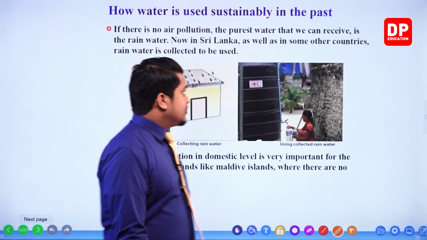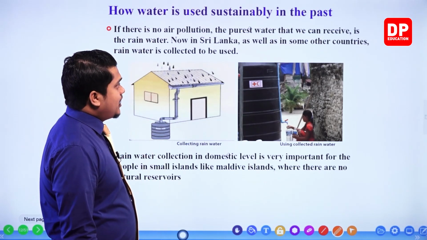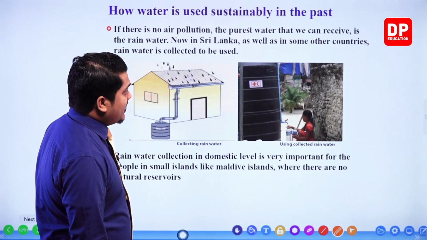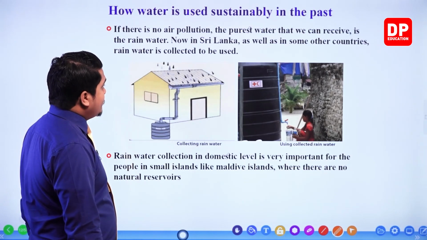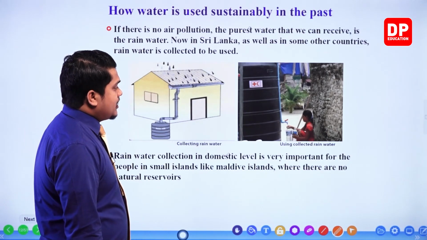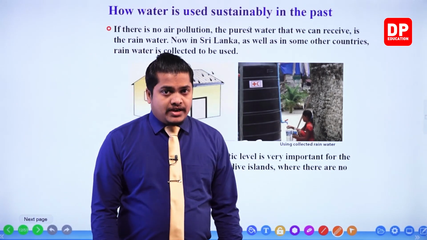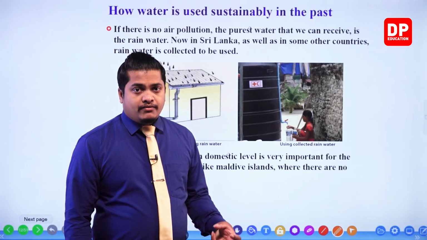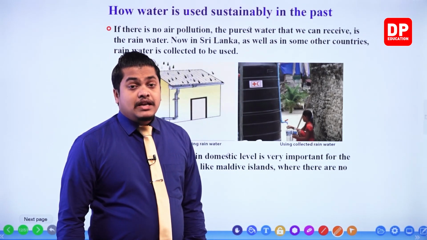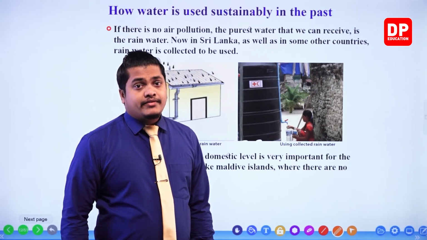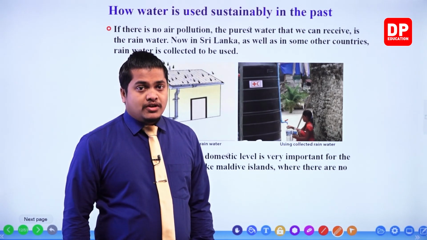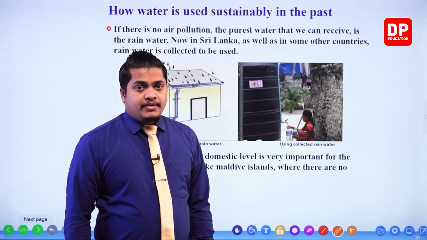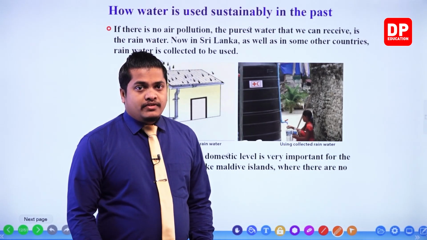Now in Sri Lanka, as well as in some other countries, rainwater is collected to be used. We collect rainwater, especially in the dry zone, my dear children, because they lack water within a certain year.